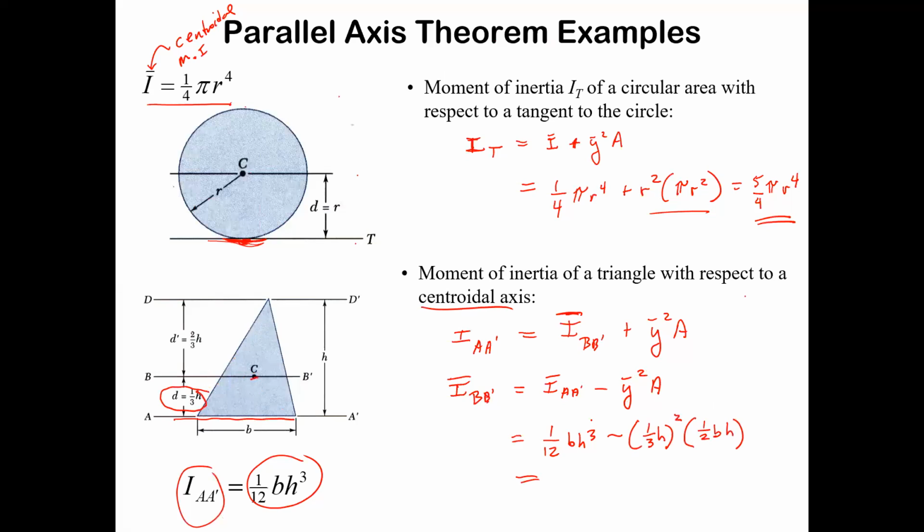You can factor bh cubed out, times 1/12 minus 1/18, which means our I_BB' equals 1/36 bh cubed.